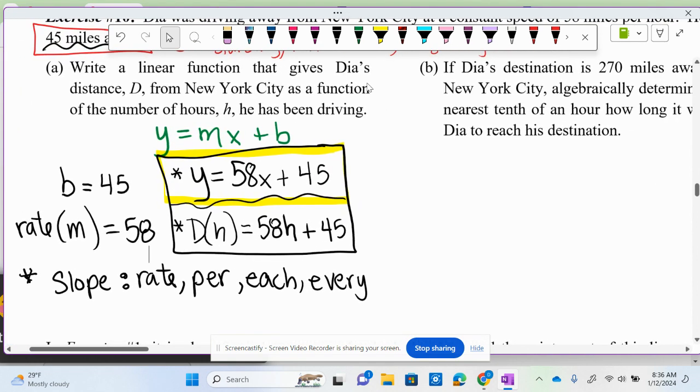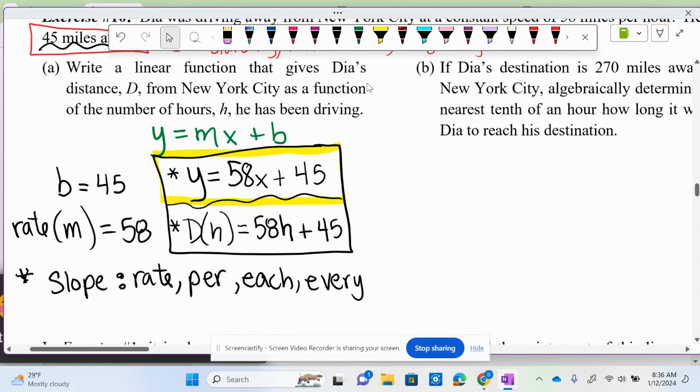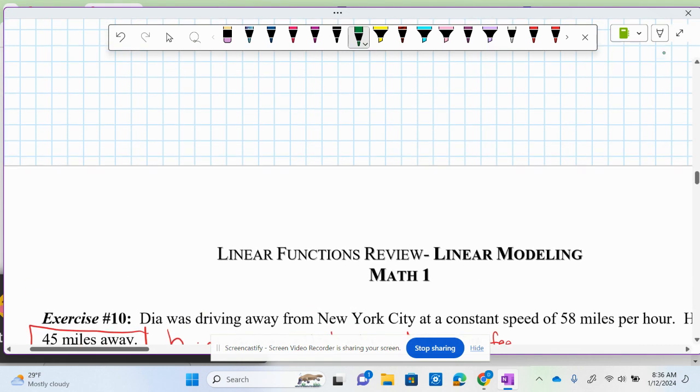So I'm going to scrunch that up a little bit and move over to example B. If Dia's destination is 270 miles away, meaning that my distance is 270 miles away, what variable is representing the distance? Y. I heard both, Y and the D of H. Yeah, that's the distance. How far away is this person?